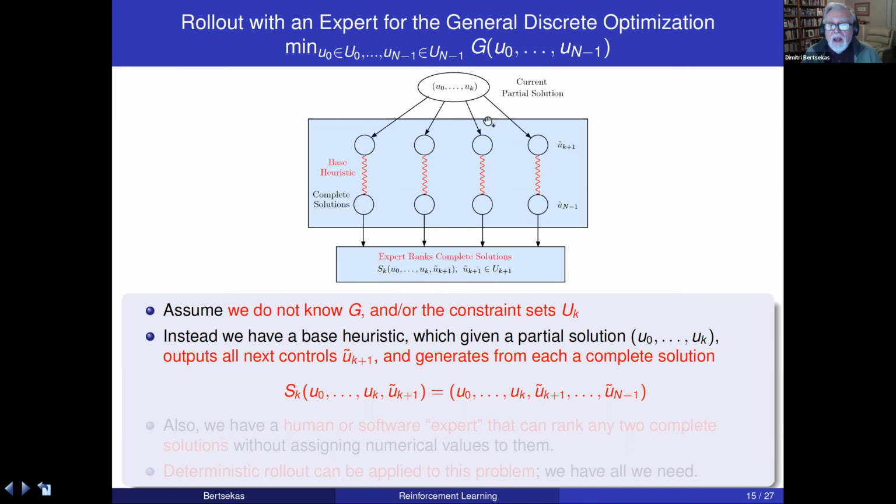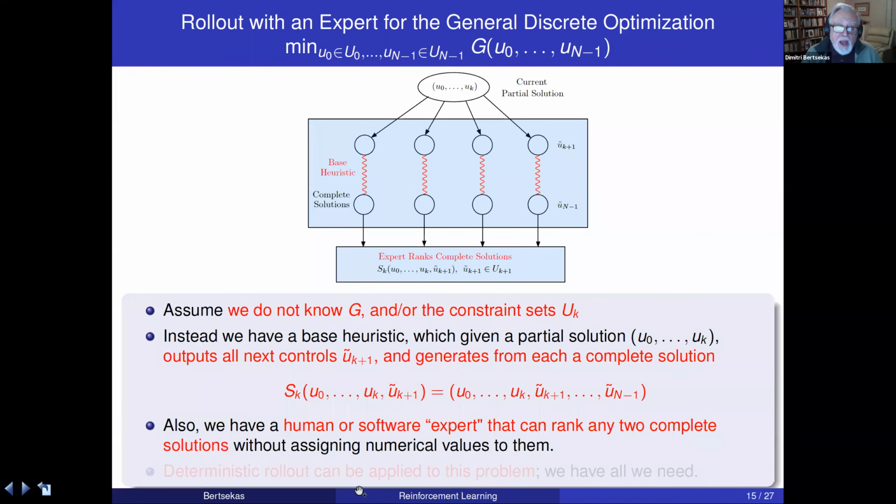Sk corresponds to the current partial solution and the choice of component k plus 1. Okay, so there is this base heuristic, which is just a piece of software that does what we want it to do, namely knows which controls to look at and knows how to run the heuristic all the way to the end.